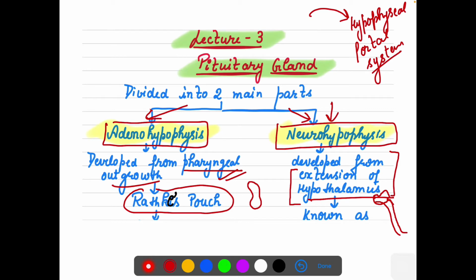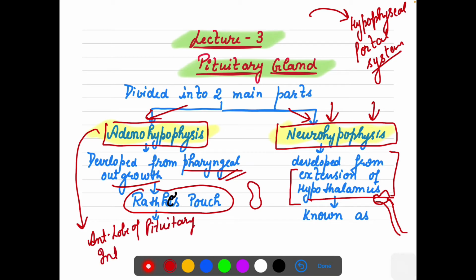From neurohypophysis, the posterior lobe of pituitary arises, and from adenohypophysis, our anterior lobe as well as our intermediate lobe of pituitary arises. Is it clear to everyone?